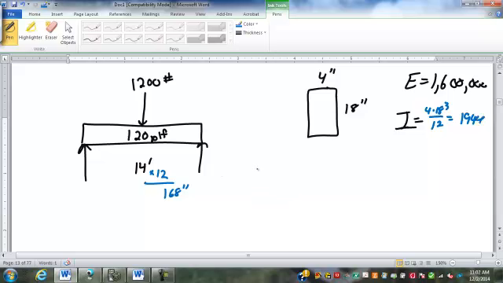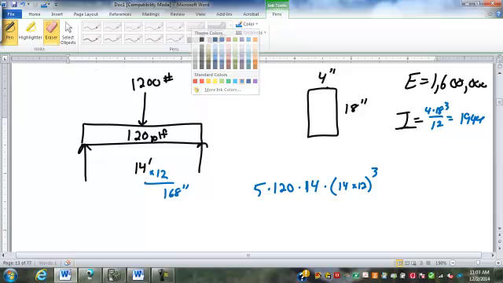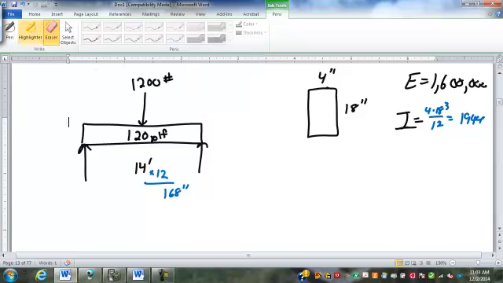Okay, so for the distributed load, we have 5 times 120 times, oh, I know why. I see what we gotta do different here. I'm gonna do a little change here. Something in that formula, I realize you guys wouldn't have caught this, but the answer you guys probably got on your own is wrong here.